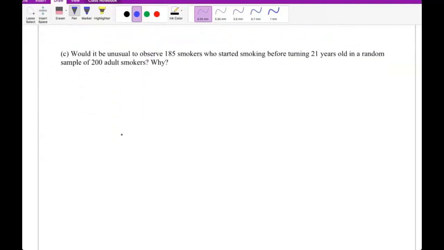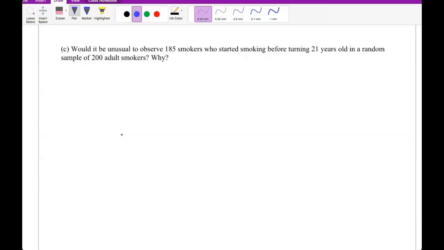Okay, now part C. Would it be unusual to observe 185 smokers who started smoking before turning 21 years old in a random sample of 200 adult smokers? Why? Here on this part we have 185 smokers.